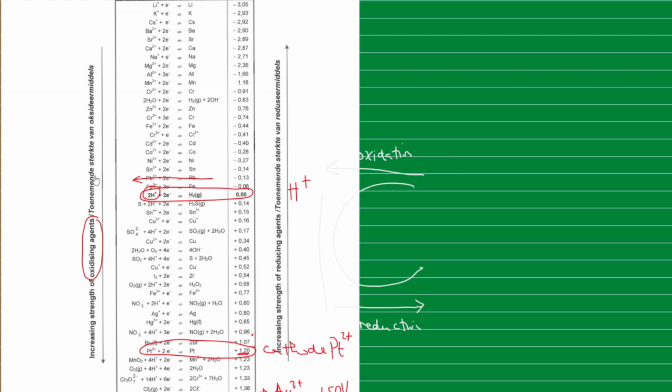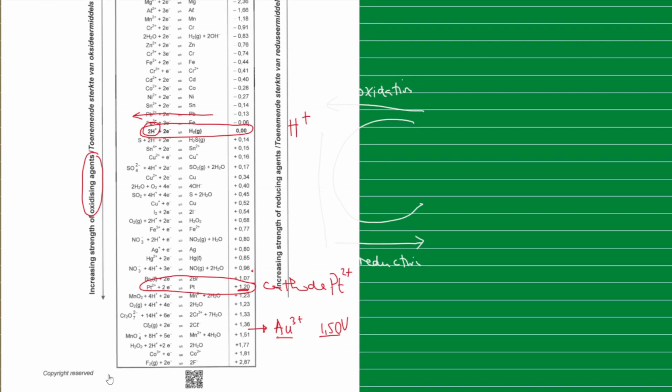There is one arrow on the left, which is referring to increasing strength of oxidizing agents, which means as we move from the top of the table on the left side of the equation, our oxidizing agents are increasing. So that's why we say that when we take the hydrogen, and the platinum, the platinum is stronger than hydrogen.